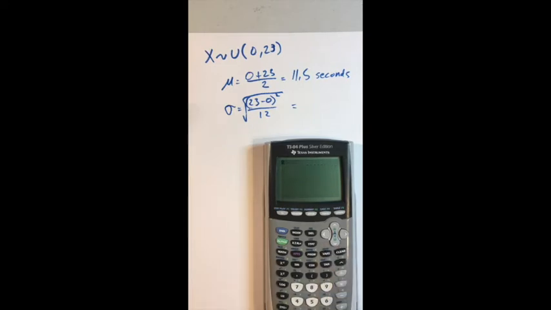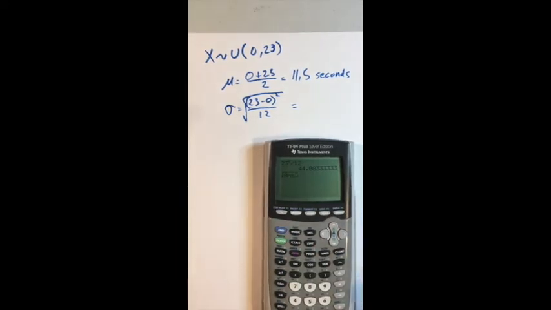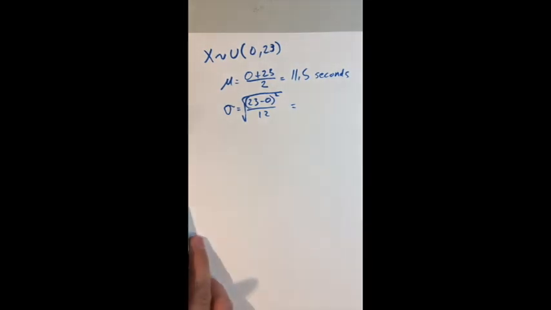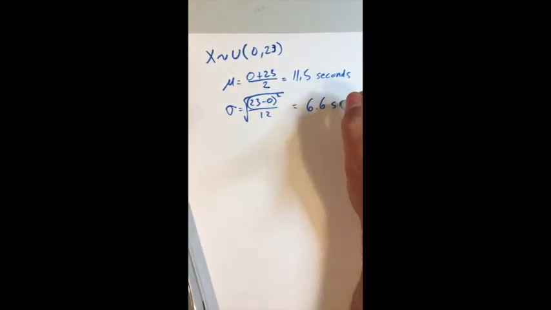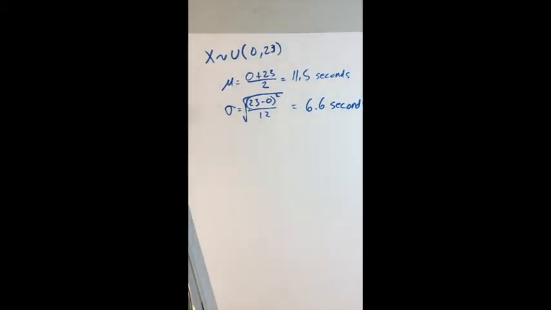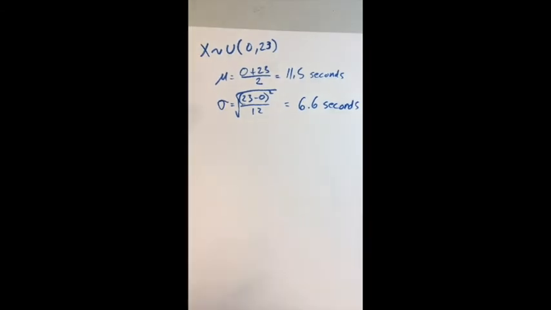Oh wait, no, my mistake. 23 squared divided by 12. Almost messed up. 44. Let me take the square root of that. 6.64. All right, so we'll say 6.6 seconds. Glad I caught that square issue before it was actually a mistake.